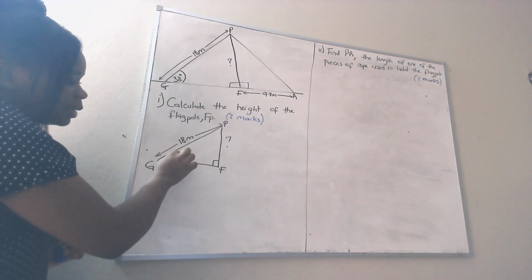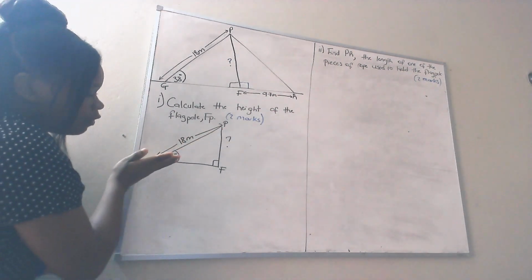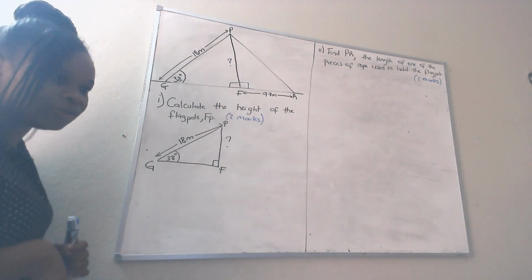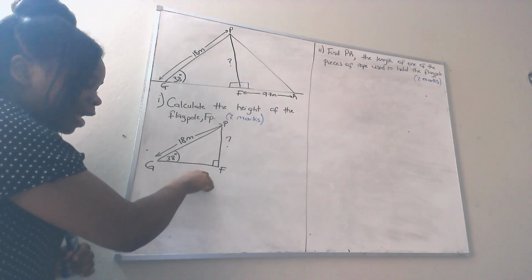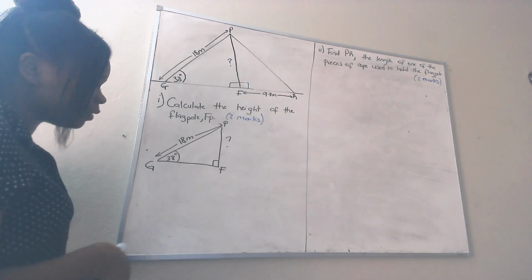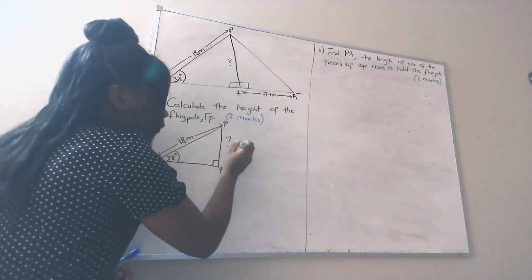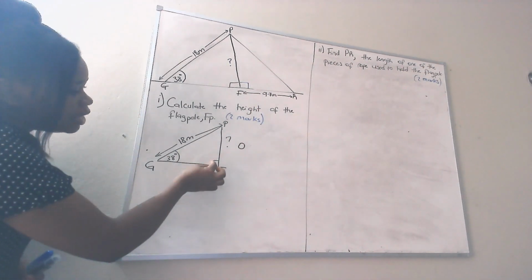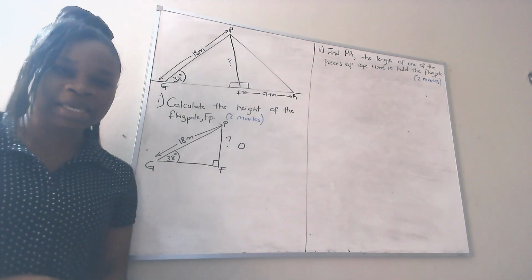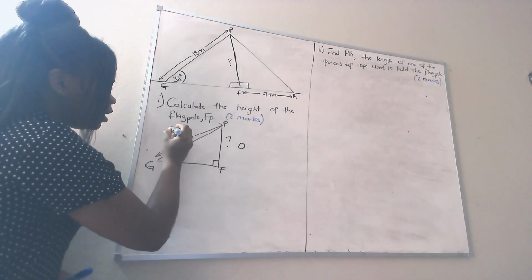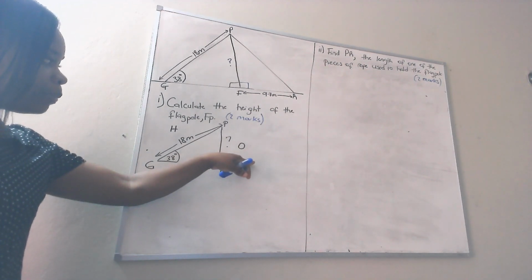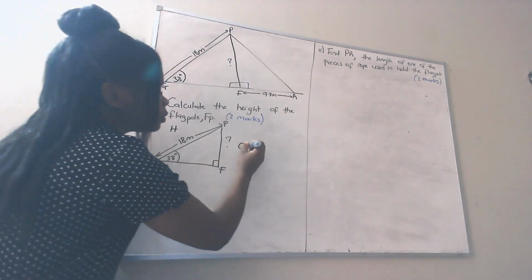The side that is across from the angle that's less than 90 degrees, and you notice 30 degrees is obviously smaller than 90 degrees, is the opposite. And the side that's across from the 90 degrees angle, or this box that you see, is the hypotenuse.